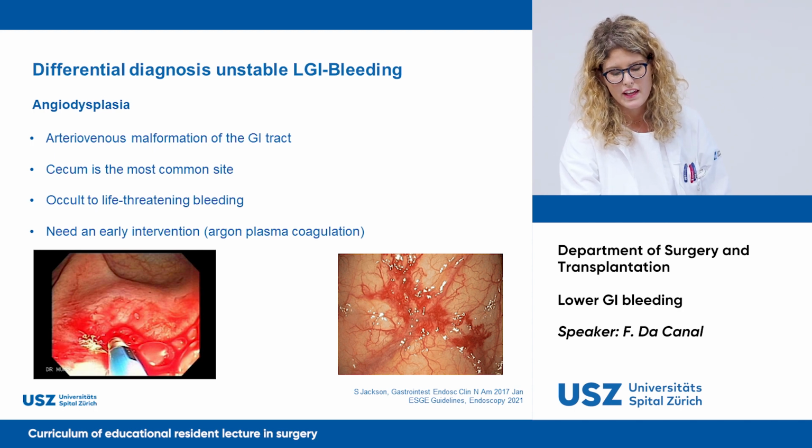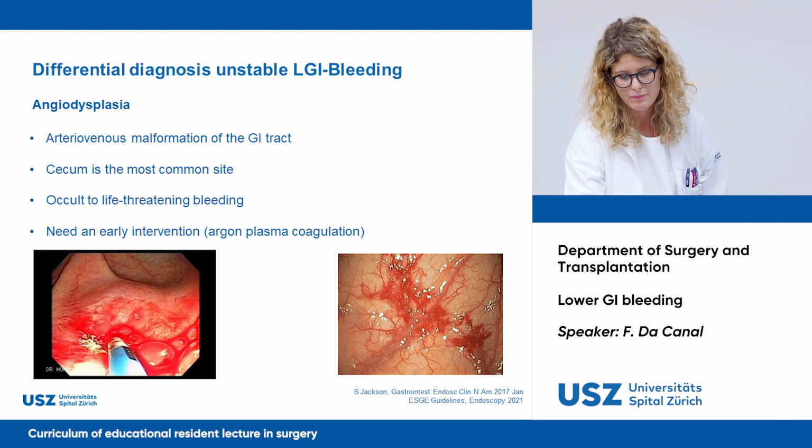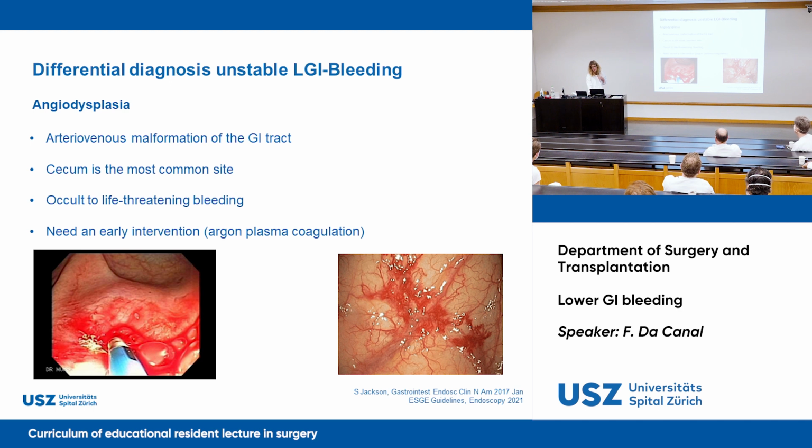It is an arteriovenous malformation, an acquired degenerative lesion secondary to progressive dilatation of normal blood vessels within the submucosa of the intestine. The cecum is the most common site. The presentation can be very heterogeneous, from occult bleeding to life-threatening bleeding, and usually needs an early intervention.